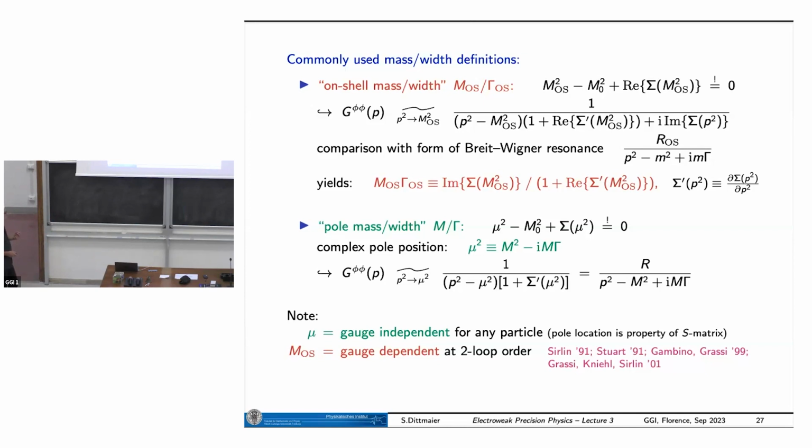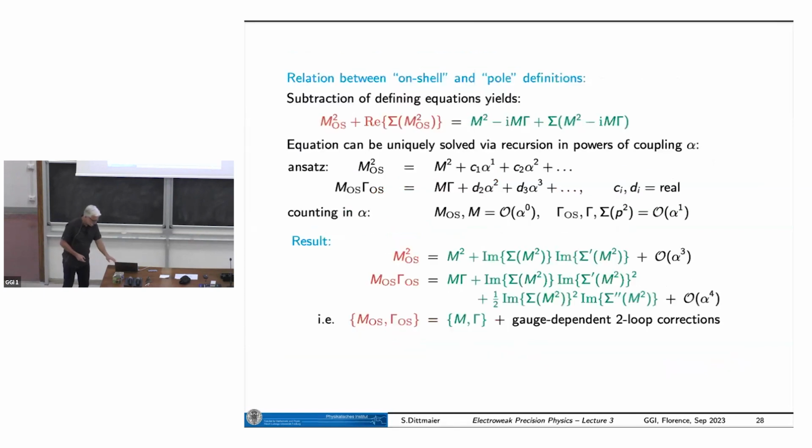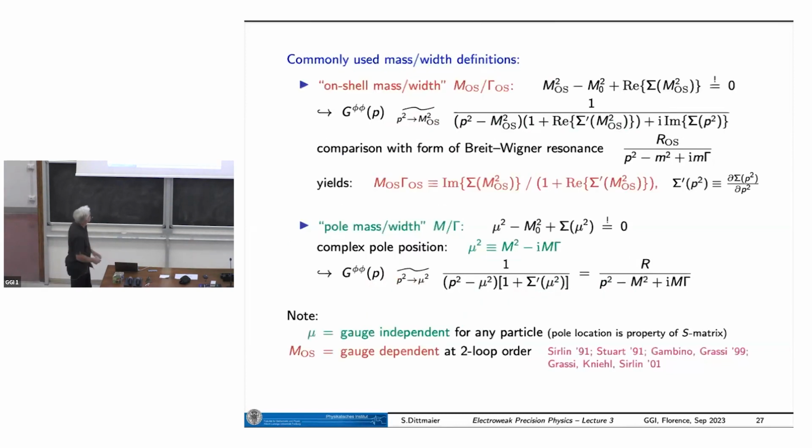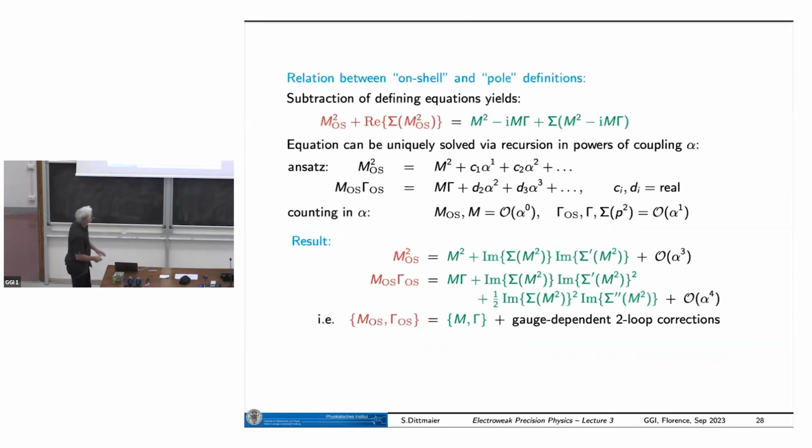So let's work a little bit more on this, in how far this really matters in practice. Maybe I should not dwell on this too long. It's just comparing the two renormalization schemes, the real on-shell scheme and the pole scheme. There is contact between the two, because I can just subtract the defining equations, this from that, and the bare mass drops out, and this is what I got here.